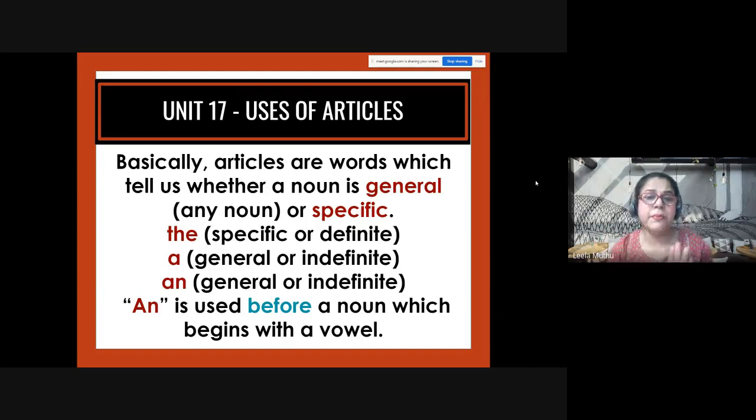And you should remember this one rule: an comes before any noun that starts with a vowel, A, E, I, O, U. So an apple, an elephant, an igloo, an octopus, an umbrella. So we are using an when it is generally spoken about any noun that starts with a vowel.